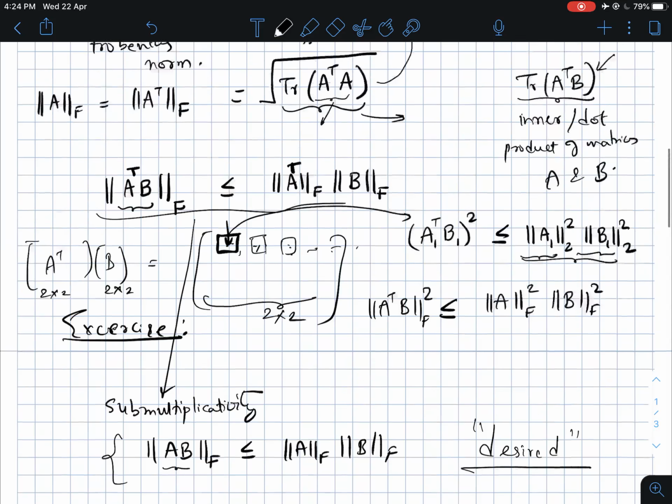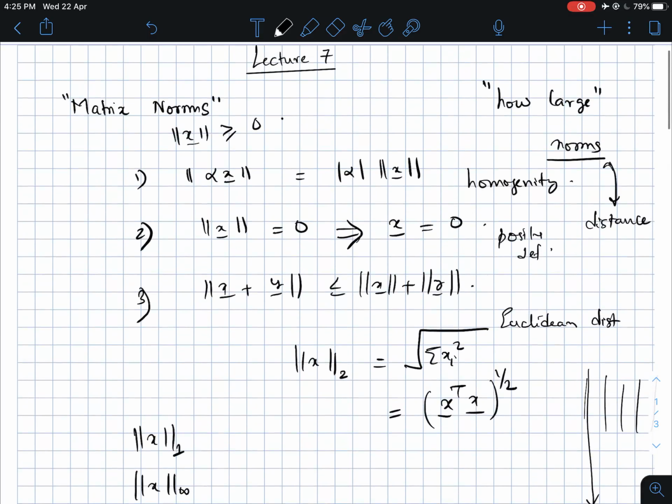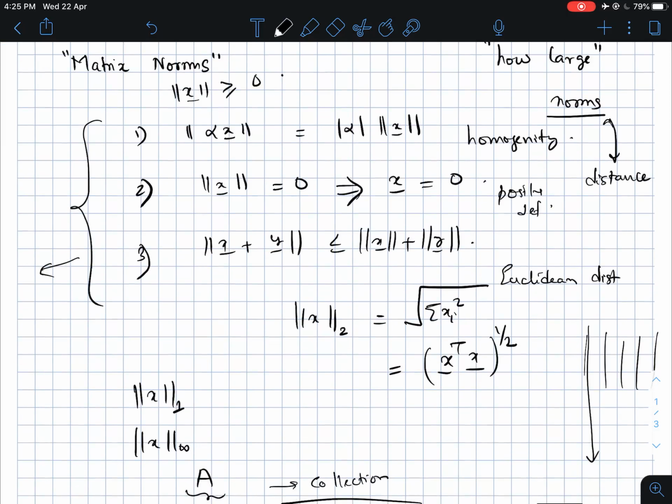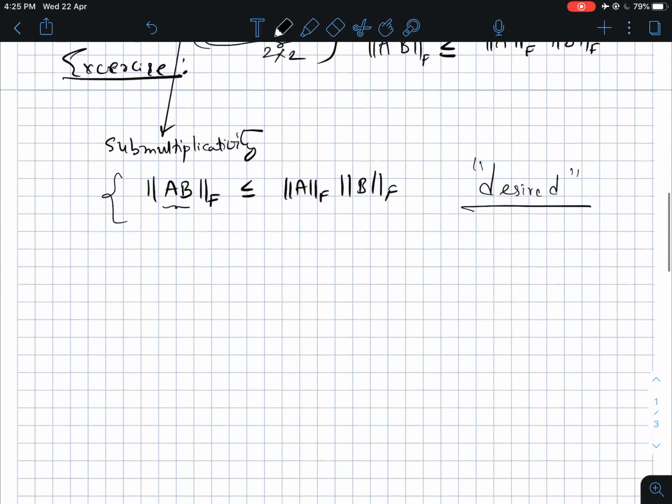In addition to the standard properties that norms have, the main point I'm trying to say is that these properties don't enforce any operator structure or system structure on the matrix. These properties are true even for vectors, but when it comes to matrices, you also want a norm to satisfy this additional property, submultiplicativity, and the Frobenius norm ends up satisfying it, which is very good.